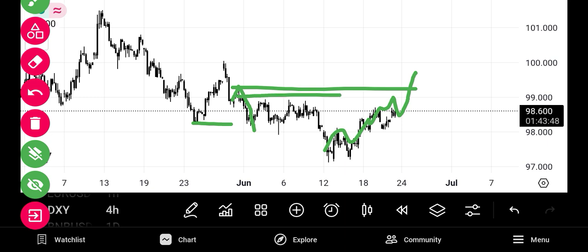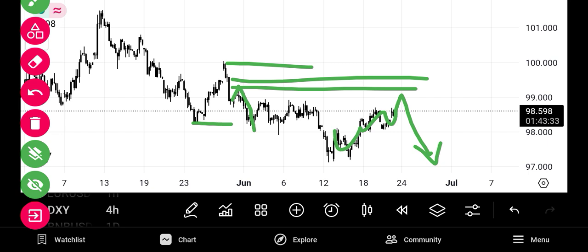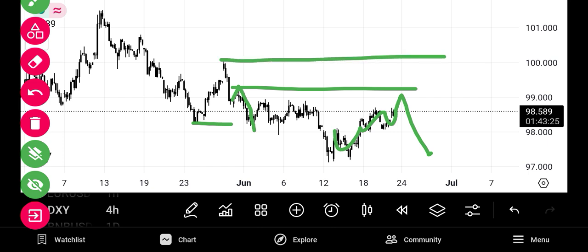So that will be my supply area of where I'll look for price to just tag in and then shoot to the downside. Otherwise, if it doesn't hold, then this will be my supply area. Either way, when I do have my entries on EURUSD, I'll have my stop losses above this area, or below in the case of EURUSD.